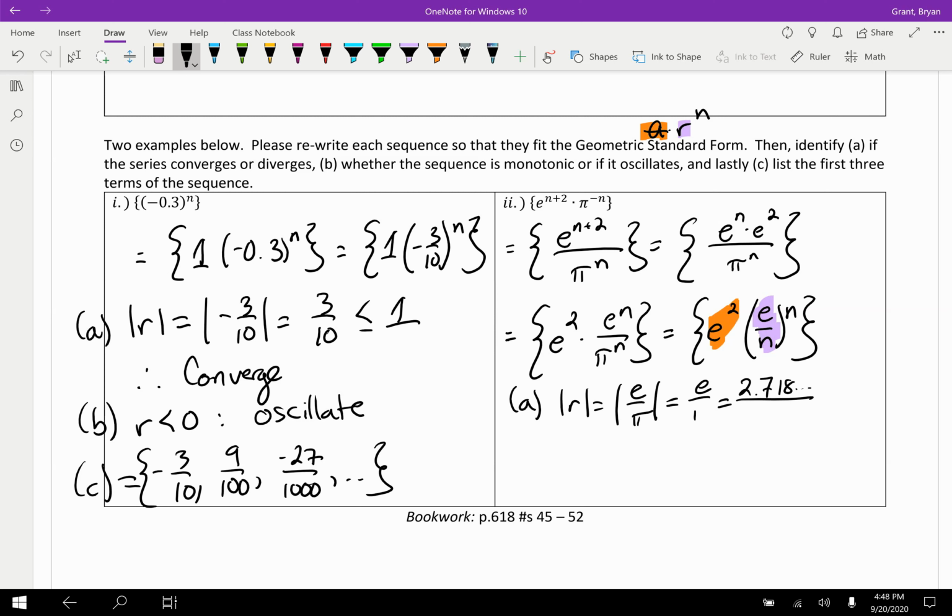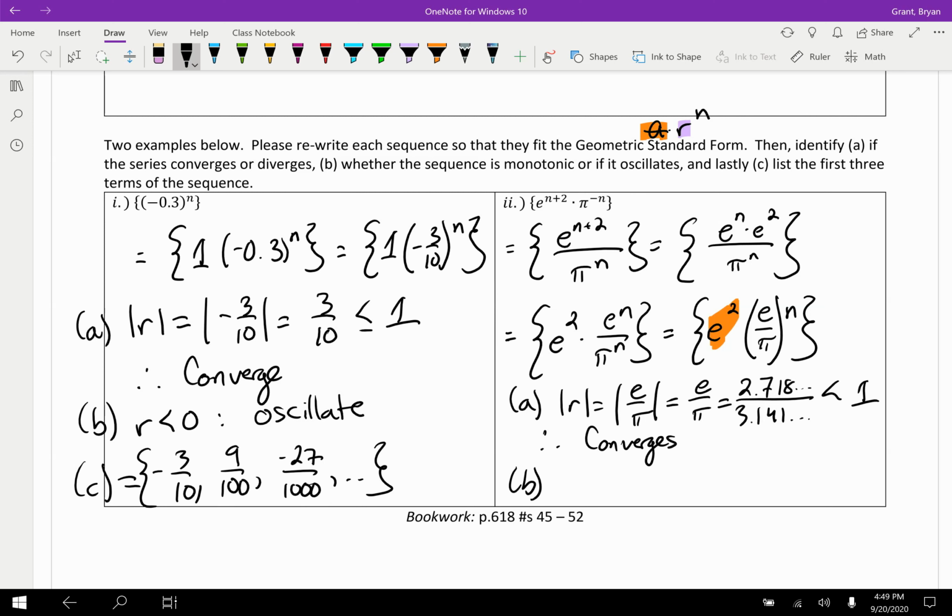This should be pi, sorry, and this should be pi, and this up here should be pi. Whoopsies. And pi is 3.141, so on and so forth. Decimals don't really matter in this case. This is approximately 2/3, and 2/3 is certainly less than 1. Therefore, this sequence certainly converges.